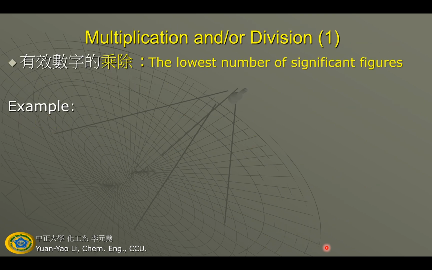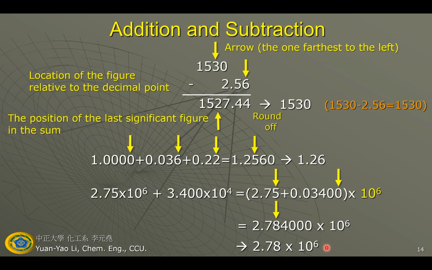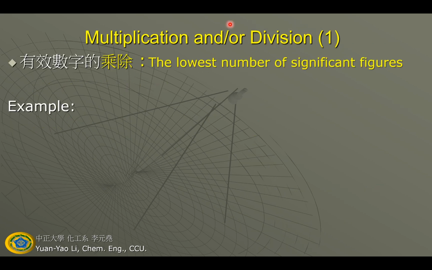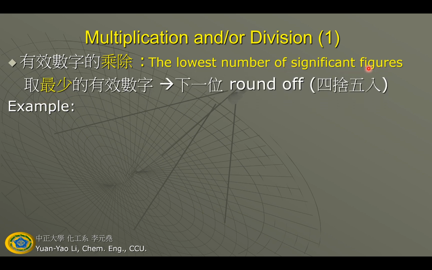Okay? So we finish addition and subtraction. Now let's think of multiplication and division. For multiplication and division, it's easier. You choose the lowest number of significant figures. Here is an example. 3.57 times 4.286.